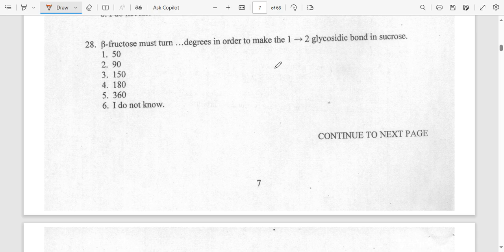Let me ask maybe a very simple question. What makes up sucrose? What are the molecules that make up sucrose?